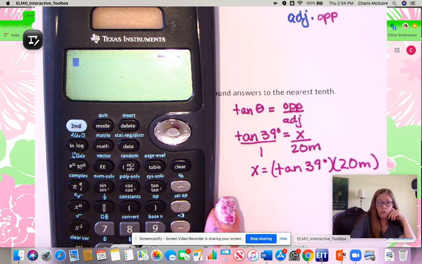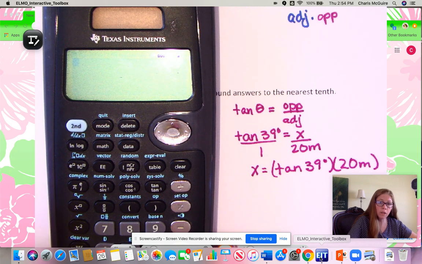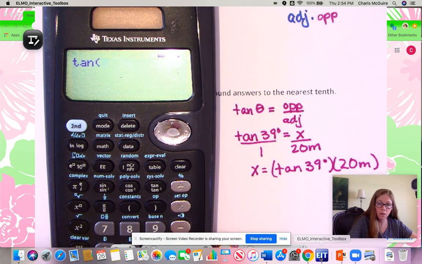So again, if you don't know how to change this, you can bring your calculator to Math Helps, or bring it to our live class, and I can help you at the end of one of those 2 sessions and fix your calculator up. But it's really simple. I am going to press tangent because that's the trig ratio I'm working with.